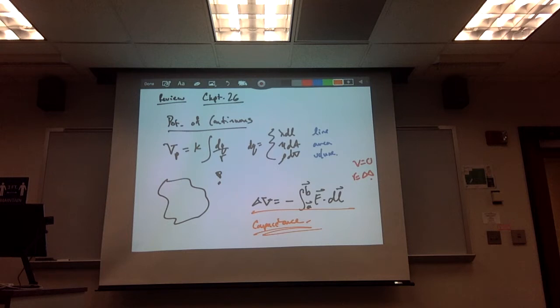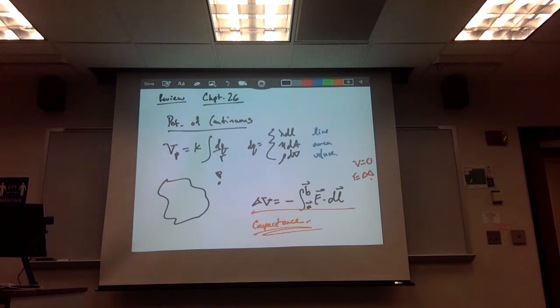And then from there, speaking of capacitance, we moved on to capacitance. Let's talk about capacitors. We said they are two conducting objects separated by some distance d.